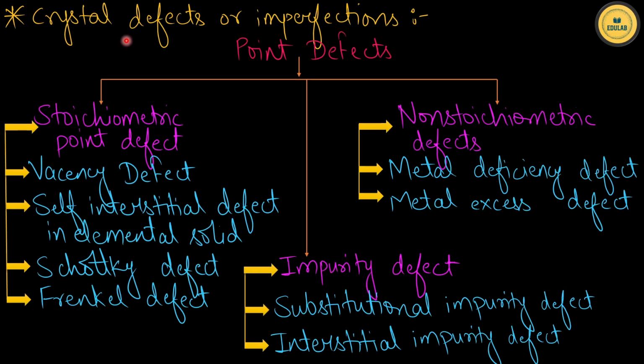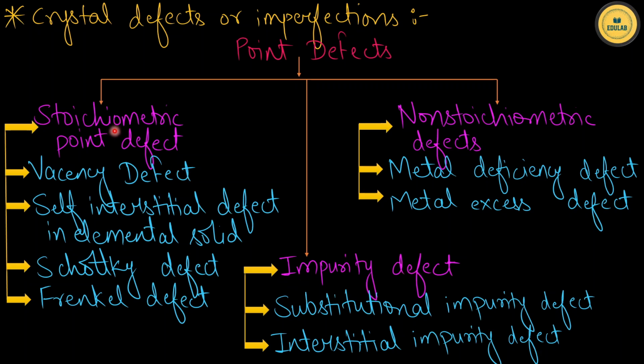Next one is crystal defect or imperfection. In this there are point defects. There are three types of point defect. First one is stoichiometric point defect, second one is non-stoichiometric defect, and third one is impurity defect.